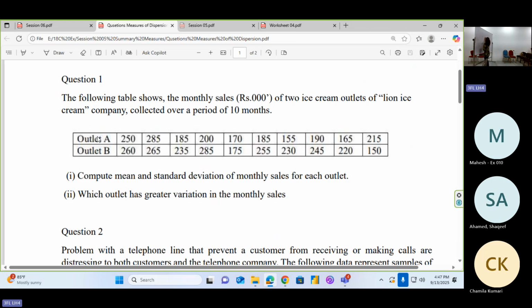Here the mean is 200, and the standard deviation is 40.345. For the other outlet, the mean is 232 and the standard deviation is 41.5. These are the answers.